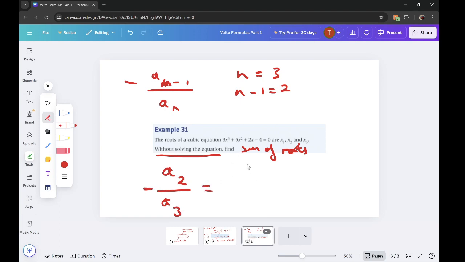Oh sorry, there's a negative here too. So that means the constant of x squared, which is 5, so negative 5, because the negative is given in the formula, over the constant of x to the power of 3, which is 3. So your answer is negative 5 over 3. That is all there is to it.